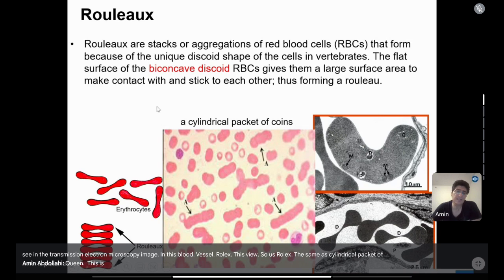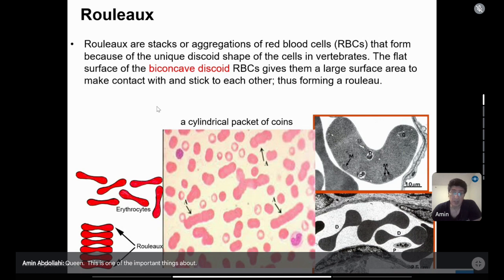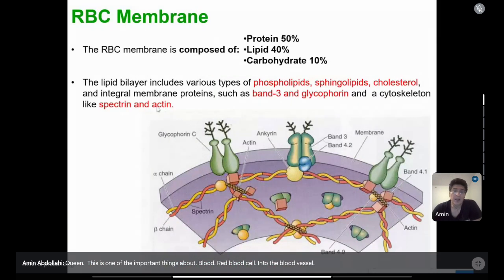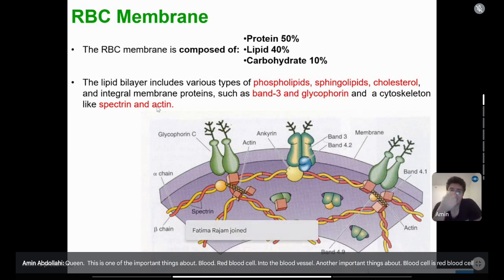This is one of the important things about red blood cells in the blood vessel. Another important thing about the red blood cell is the red blood cell membrane.